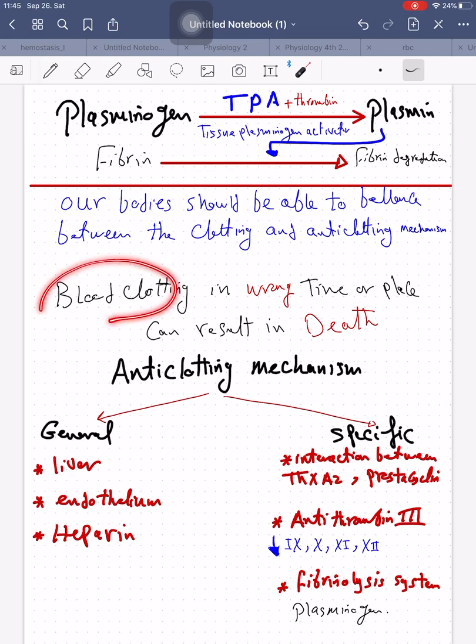Because blood clotting at the wrong time or in the wrong place can result in death. So don't think that we only need to make a blood clot. At the same time, we should be able to remove that clot after we finish, and we should be able to say we don't need clotting now.